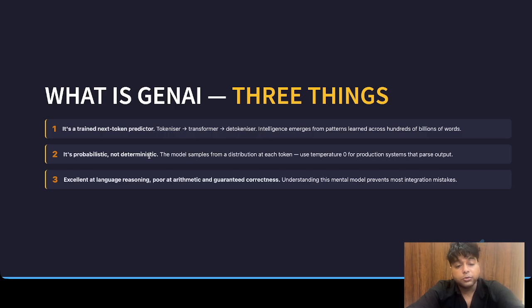So we should use it as per our requirement, depending on what we want. It might be a definitive answer or it might be a probabilistic answer. We should use it wisely. Third, it is excellent at language reasoning, poor at arithmetic and guaranteed correctness. Understanding the mental model prevents most integration mistakes.